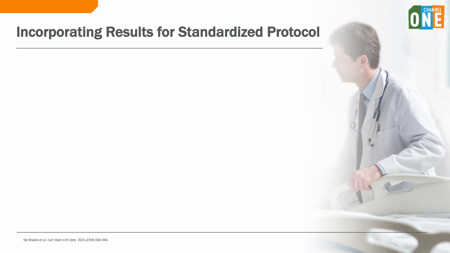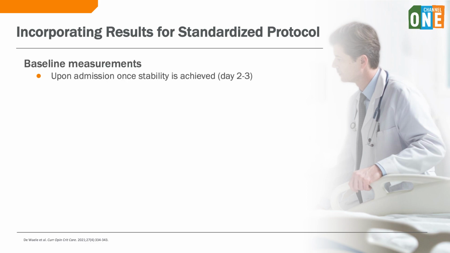Now, when we are applying our indirect calorimetry results to clinical practice, the results should be valid and integrated into our nutrition care process to guide individualized prescriptions that align with caloric delivery. Baseline testing should occur early in the ICU stay once the patient is stable, typically by about day 2 or 3.